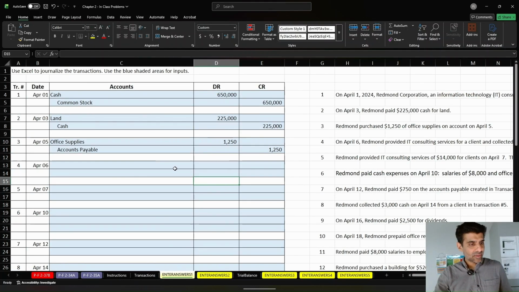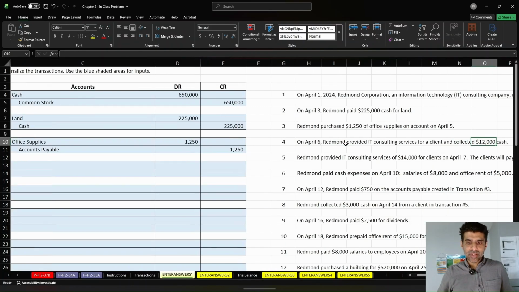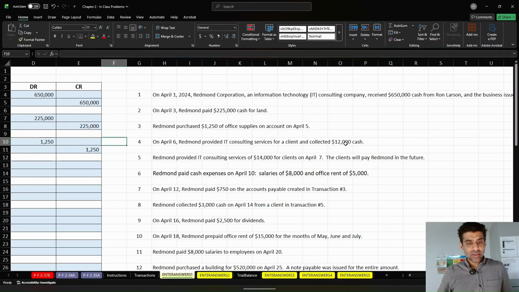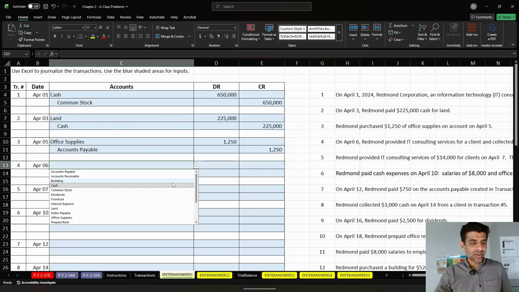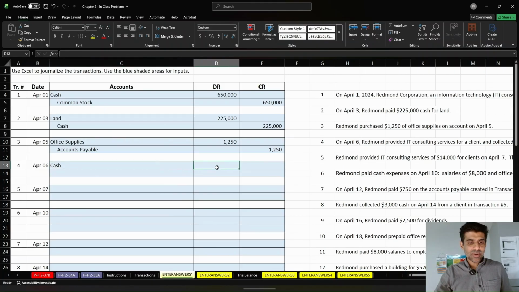April 6th. Let's do a couple more. We provided IT services for a client and collected cash. So cash obviously is one of the accounts. Is it going up or down? Up, right? I collected revenue from a client, 12,000.